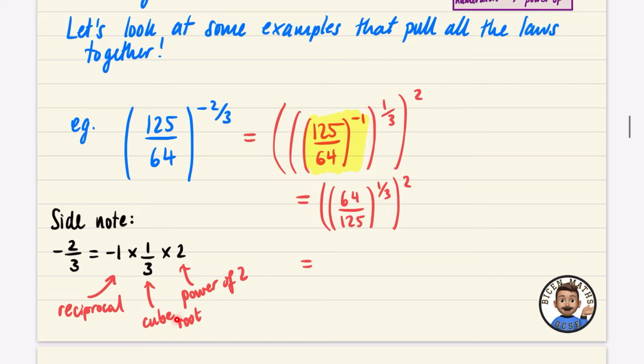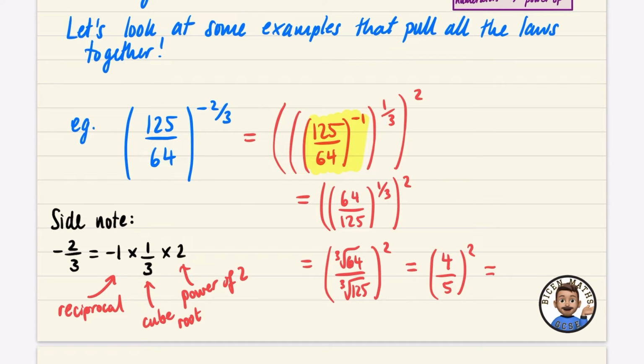That means we're going to be doing the cube root, a power of a third. So I'm going to be doing the cube root of 64 over the cube root of 125, and that whole thing is going to be squared. The cube root of 64 is 4, because 4 times 4 times 4 is 64. And the cube root of 125 is 5. So I have 4/5 squared.